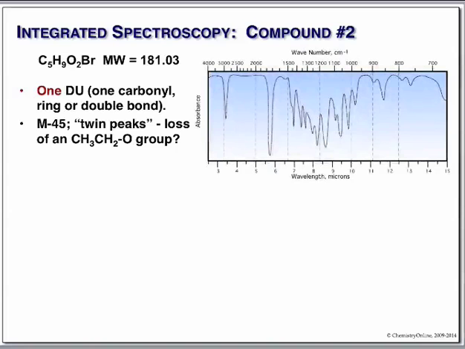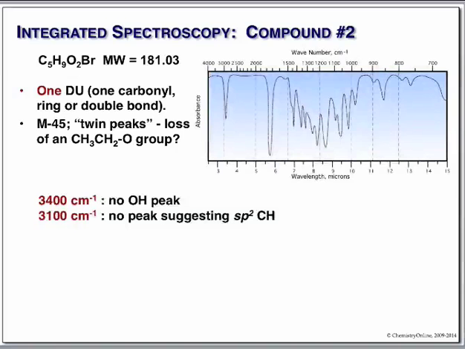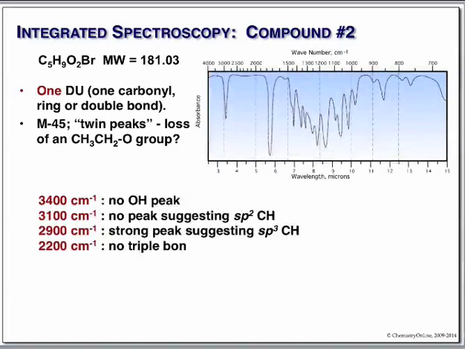Our IR. The IR is kind of boring. We don't have anything in the OH region. Don't have anything on the high side of 3,000. We do have a peak at 2,900. We have no triple bond. But we have a really nice carbonyl here at about 1,750.